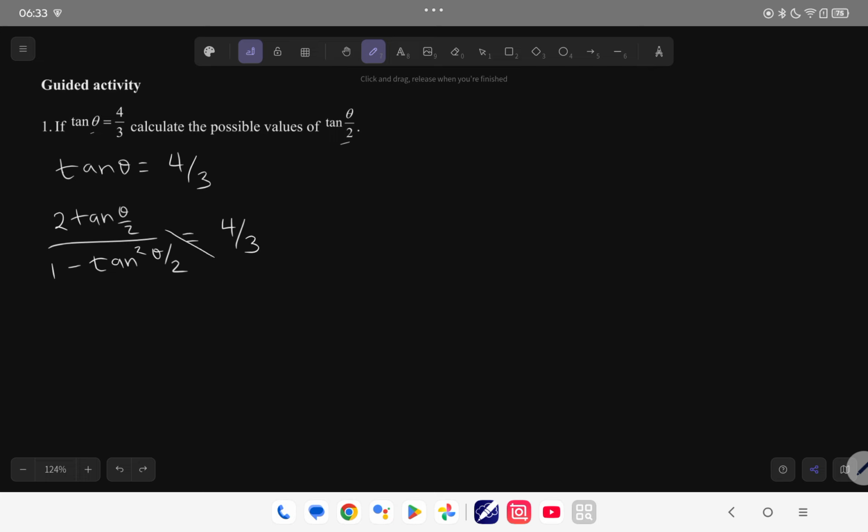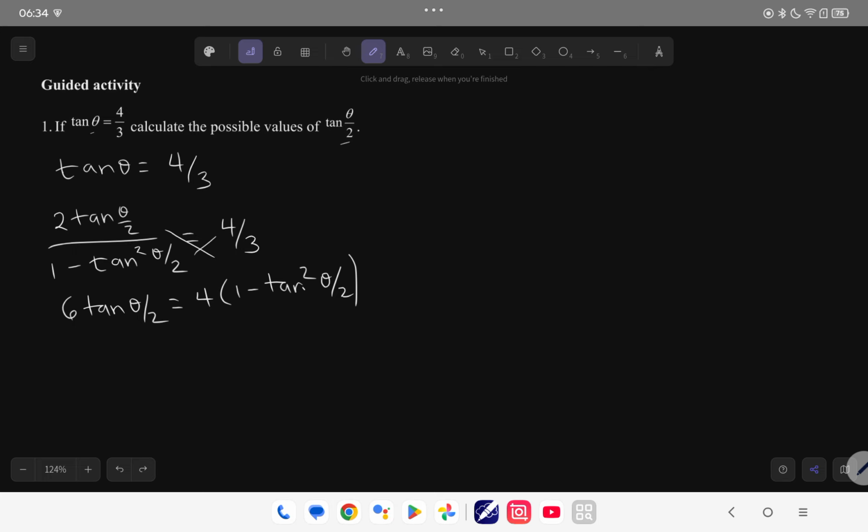We can now cross multiply. We get 6 tan theta over 2 being equal to 4 into 1 minus tan squared theta over 2.